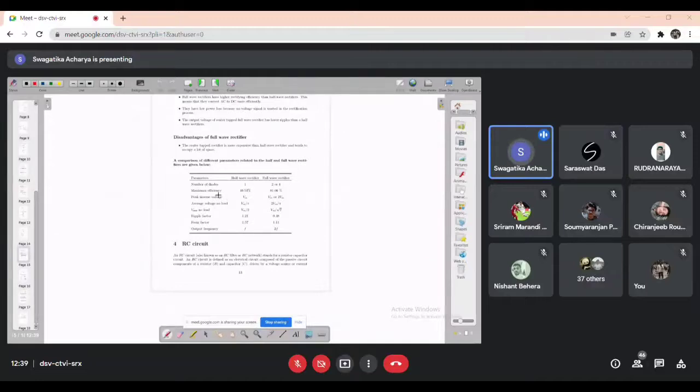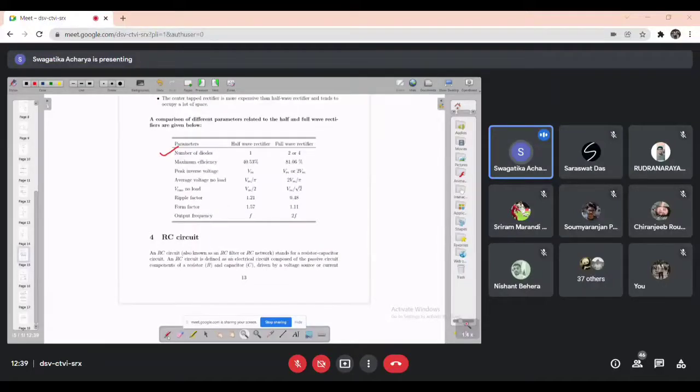Coming to the comparison, you can say number of diodes. If I compare the number of diodes, in half wave rectifier only one diode is used, right? In the full wave rectifier it is 2 to 4. VDC, IDC, means average value and RMS value, will all remain the same for center tap and full wave rectifier, because the output is the same.